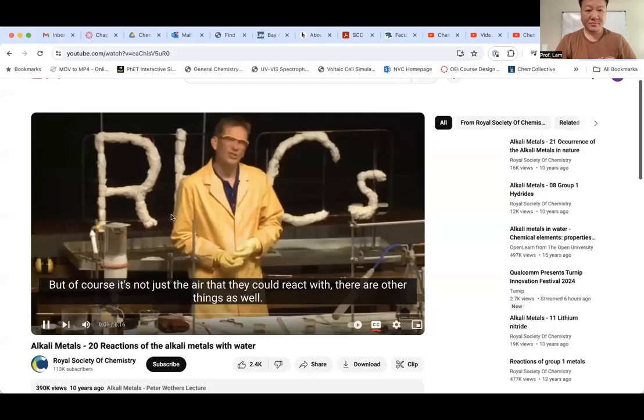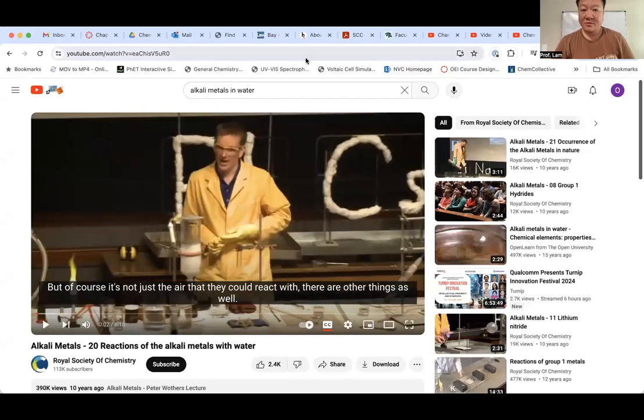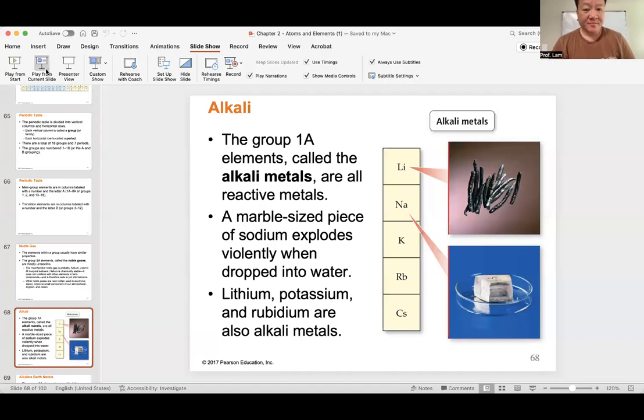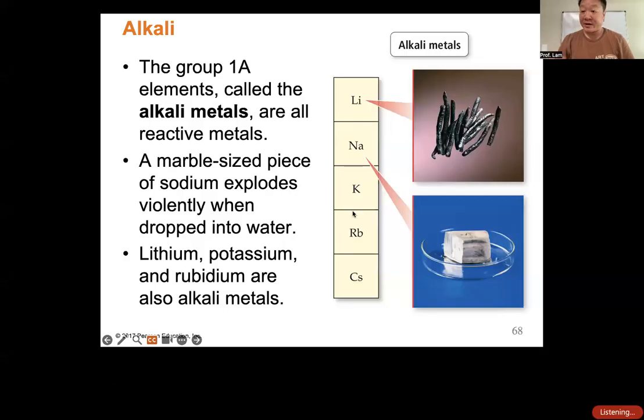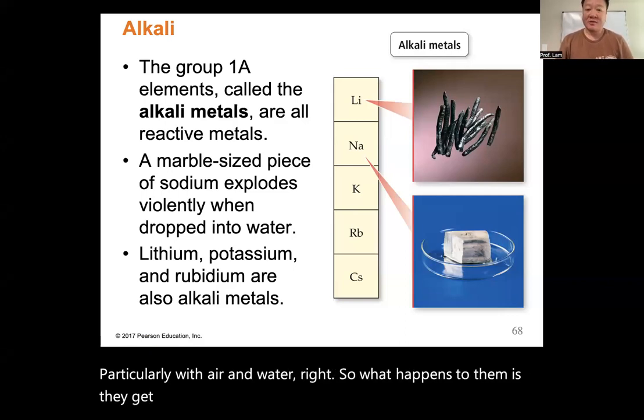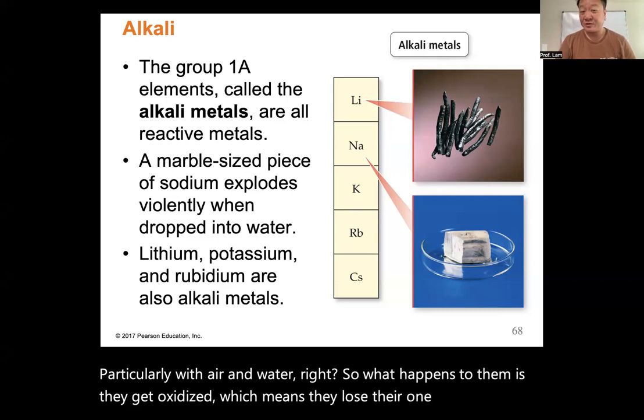But of course, it's not just the air that they could react with. All right. So you guys can see that the group 1 alkali metals are very reactive, particularly with air and water, right? So what happens to them is they get oxidized, which means they lose their one electron. Remember, metals like to lose electrons.